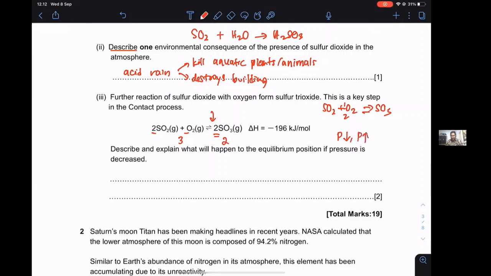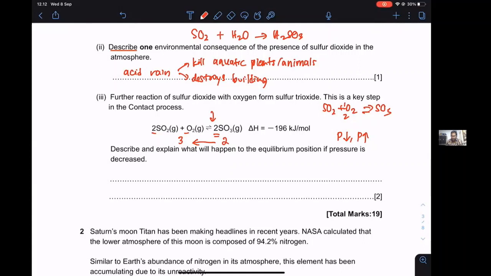How do you try to increase the pressure? By shifting the position of the equilibrium towards more number of molecules. In this case, it's going to be from 2 to become 3. So they are going to favor the reverse reaction, or the backwards reaction.